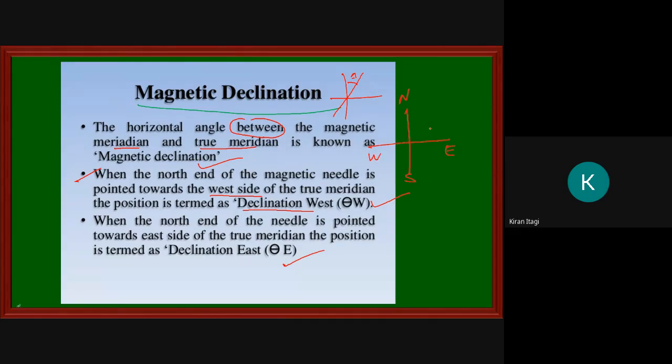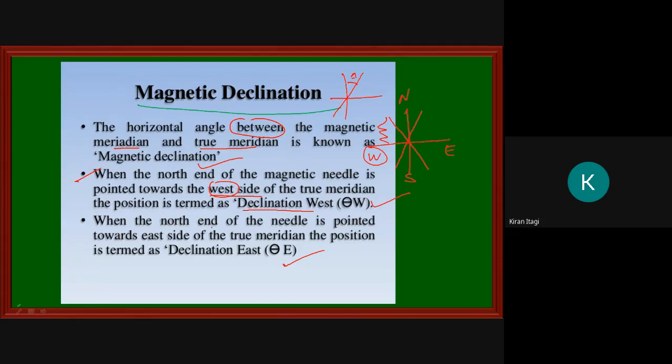If the declination is towards this eastern side, we will call this declination east or eastern declination. If it is bending towards the western side, we will call it western declination or declination west.